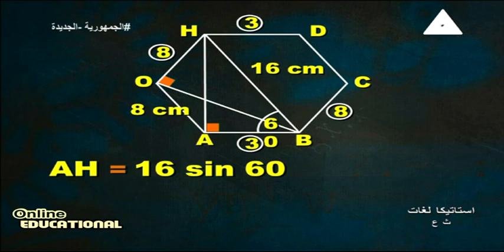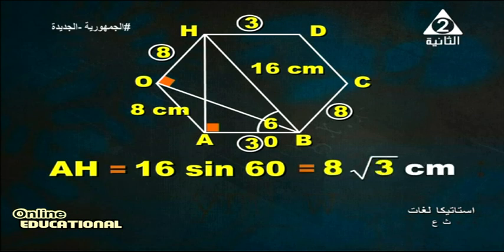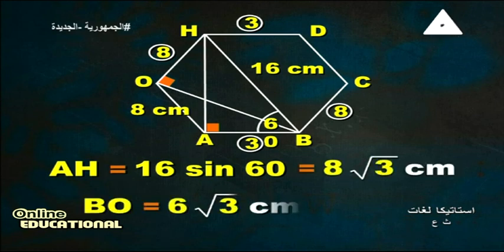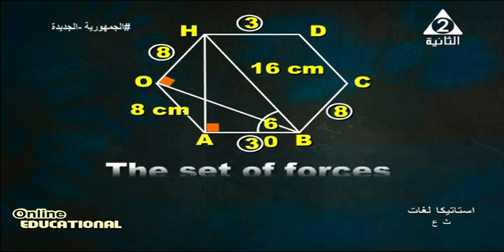Sine 60 is root 3 over 2. Therefore AH equals 8 root 3. Also BO by the same method equals 8 root 3.